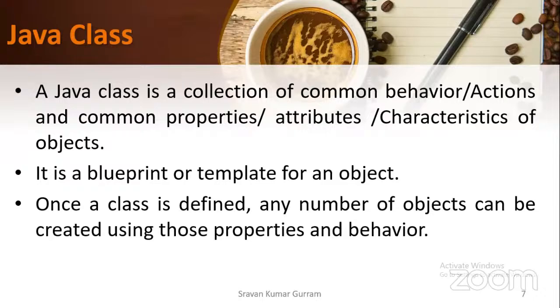So if you define the class, you can create any number of objects. In our example, if you create the class Student, you can create any number of objects, like a class may contain any number of students.